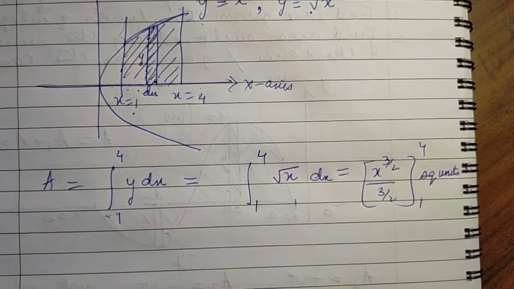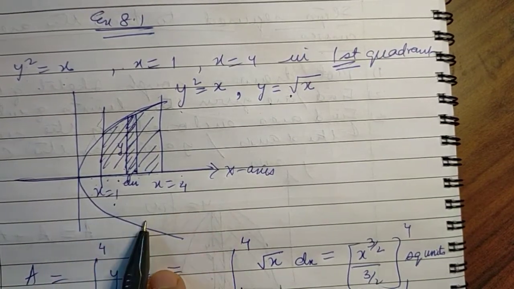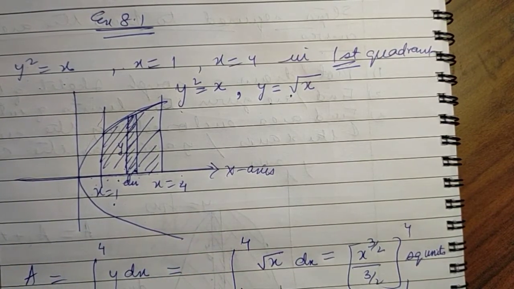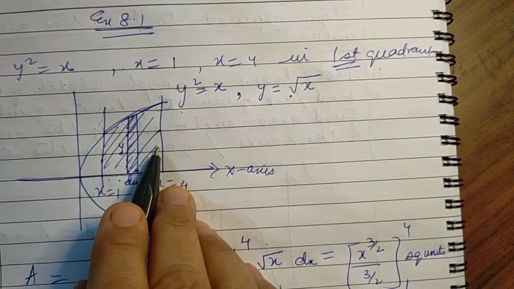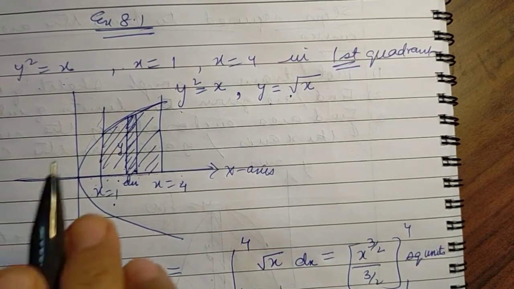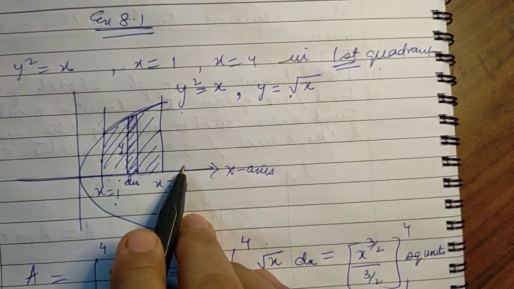So it means that the first thing, in order to find the area under the curve, you need to know the curve tracing. You have to have some rough idea about the kind of curve which you are dealing with.